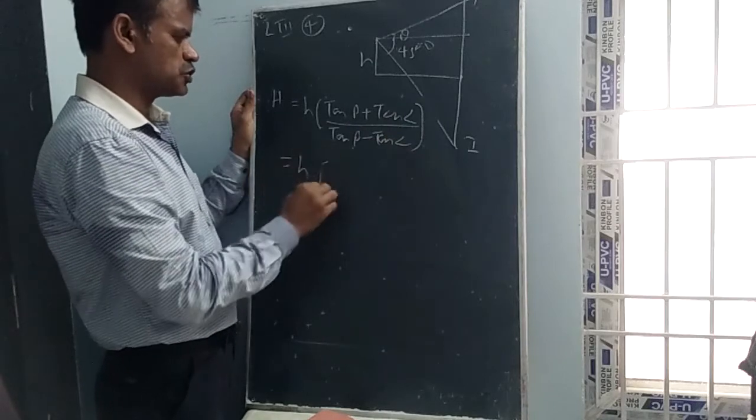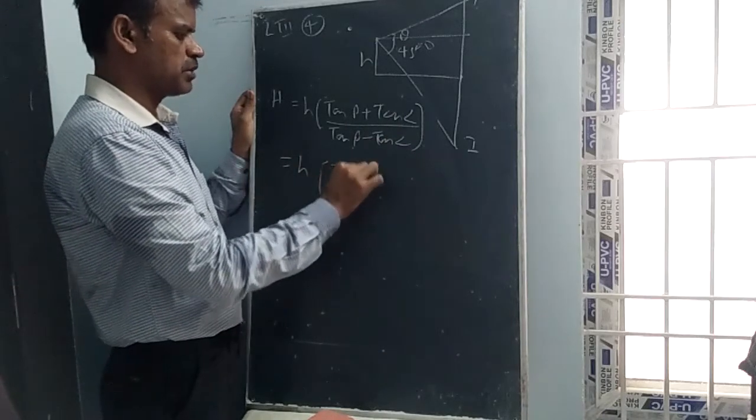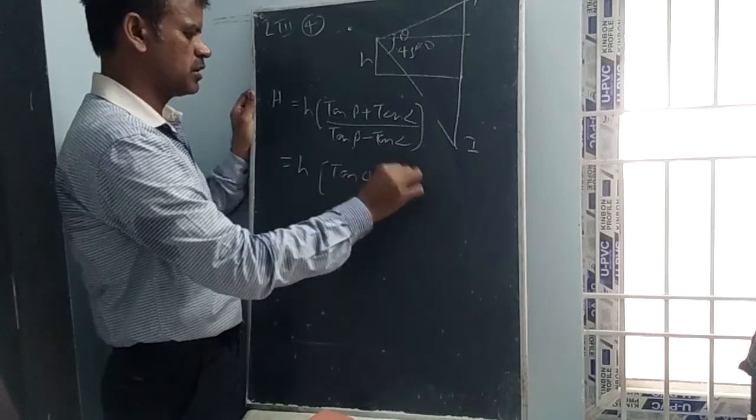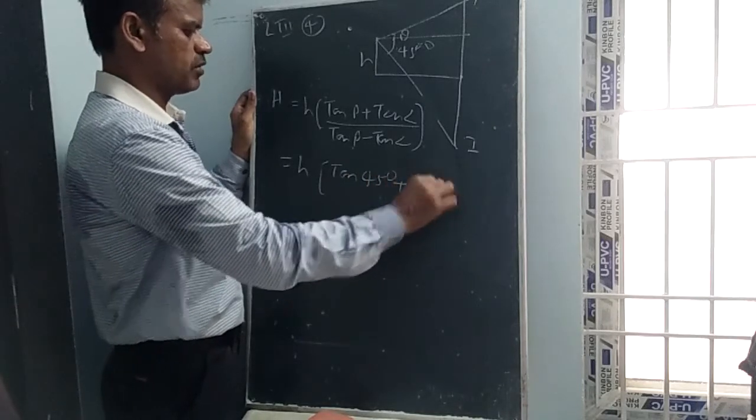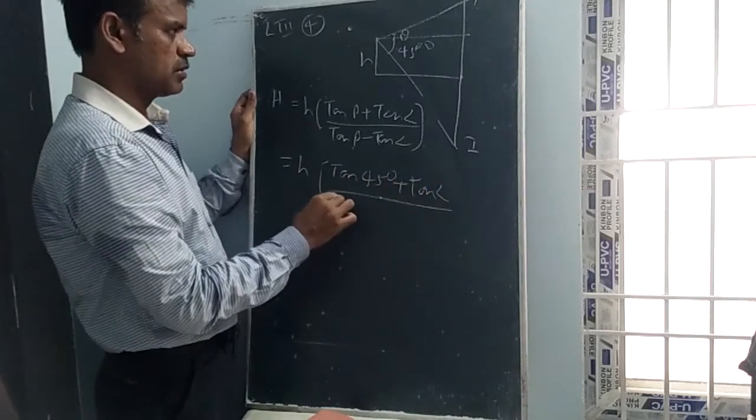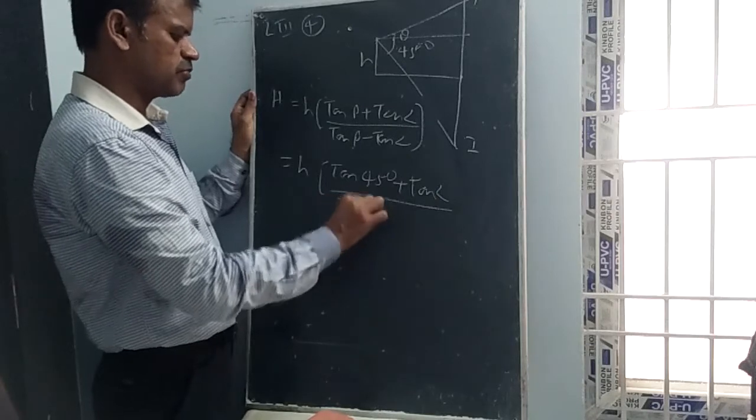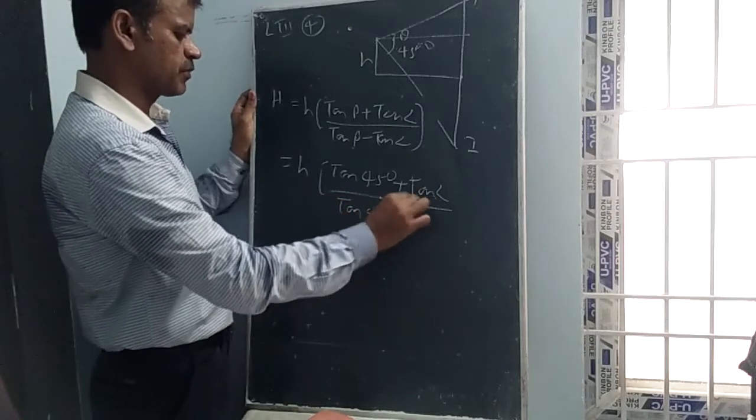So that is equal to h into tan beta, here tan 45 degrees, plus tan alpha, by tan 45 minus tan alpha.